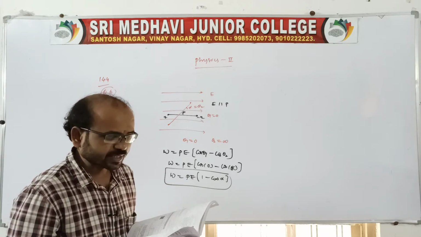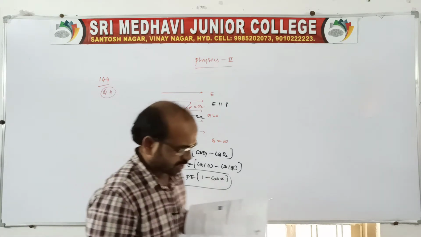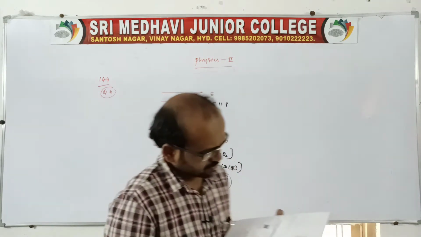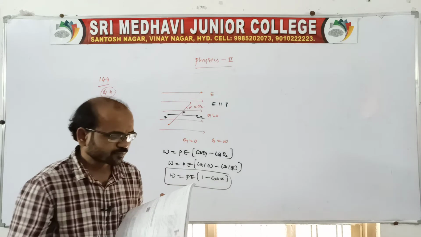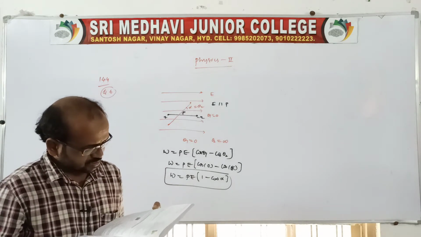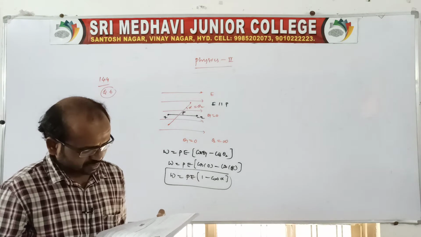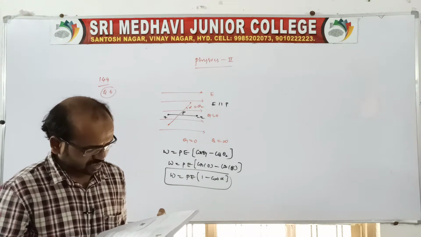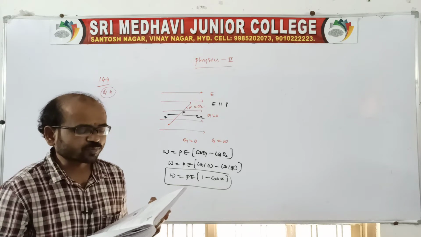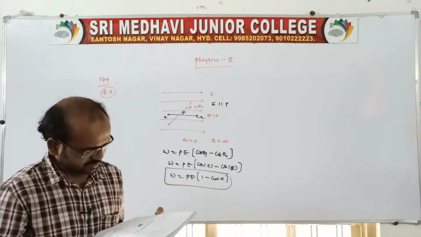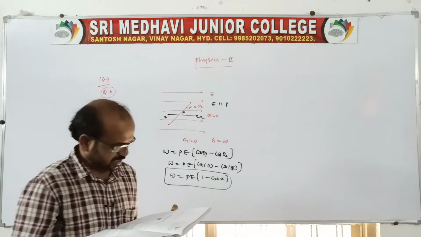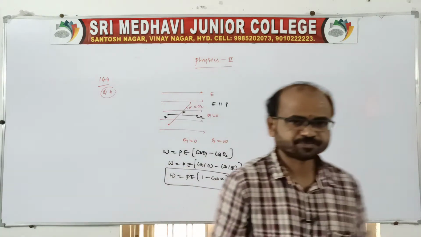Let us move to the next one, on page number 139. The question is: derive an expression for the electrostatic potential energy of a system of 2 point charges placed at a distance, and find its relation with the electrostatic potential of a charge.